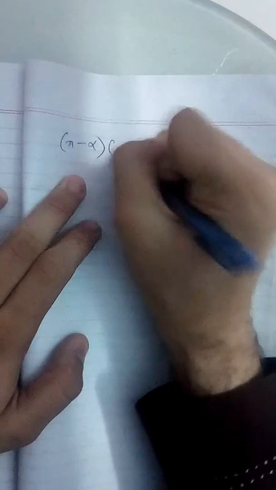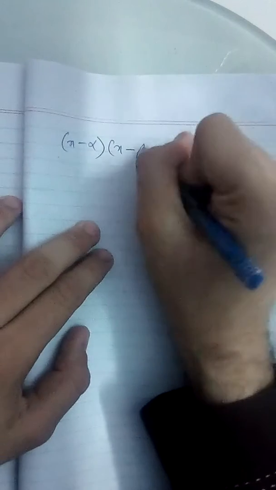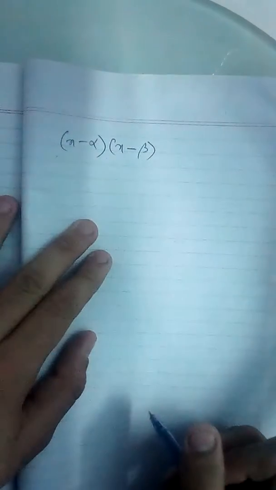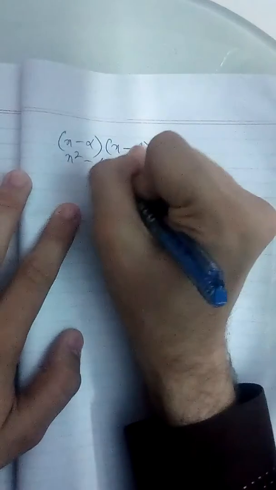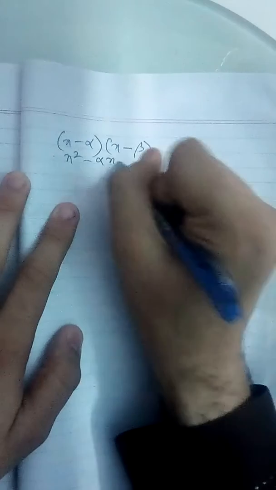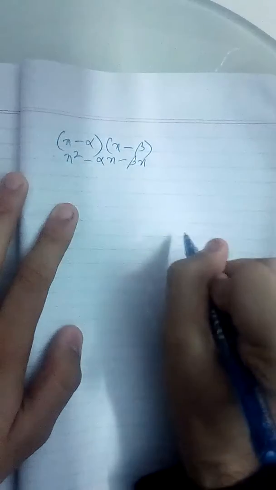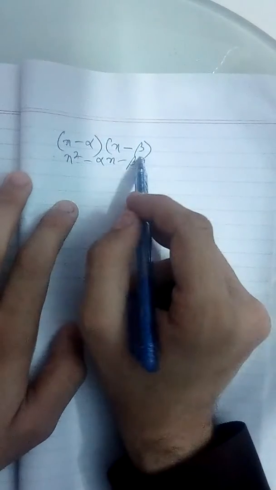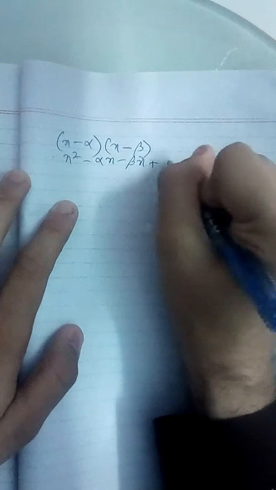If we expand the equation x minus alpha multiplied by x minus beta, what would we get? x square minus alpha x minus beta x, and we would multiply negative alpha and negative beta, so we would get plus alpha beta is equal to 0.